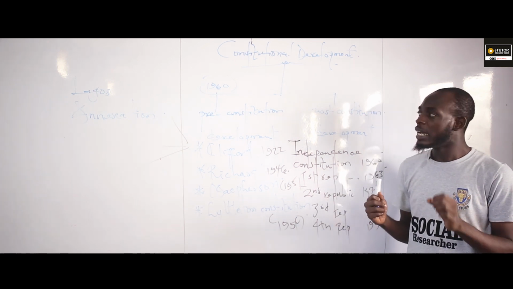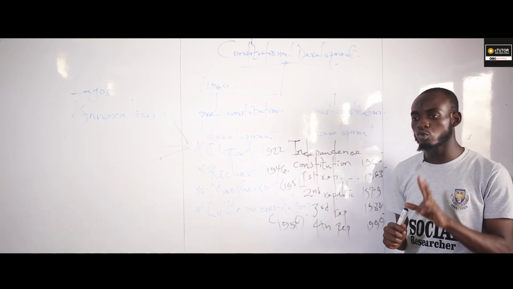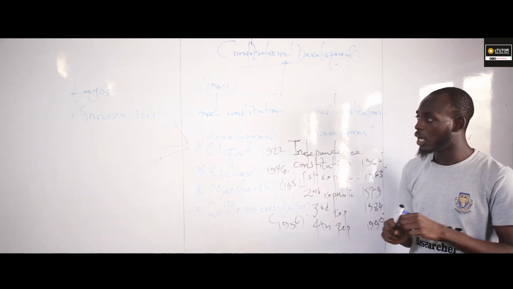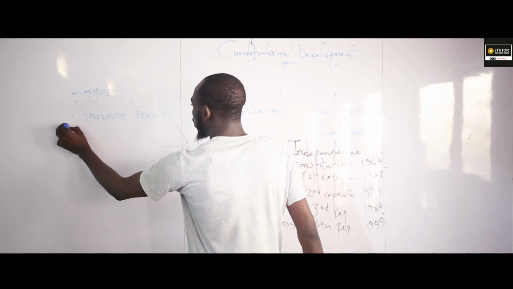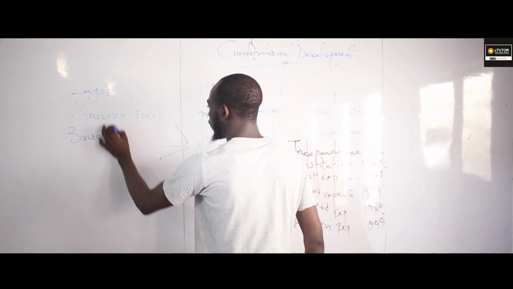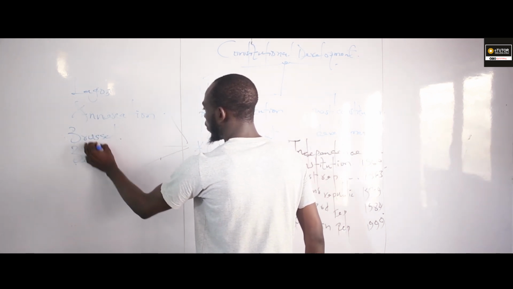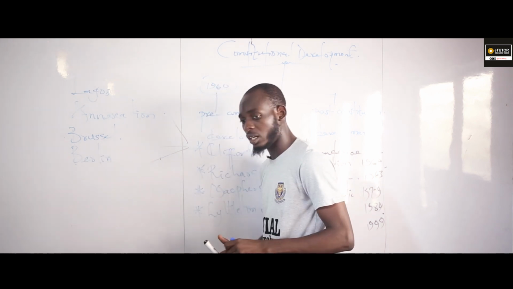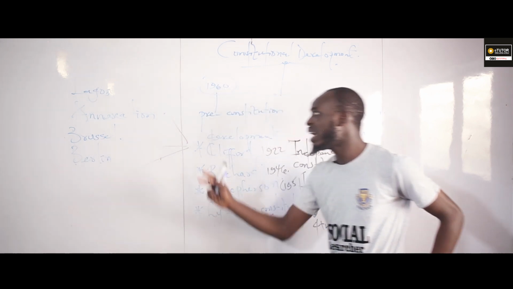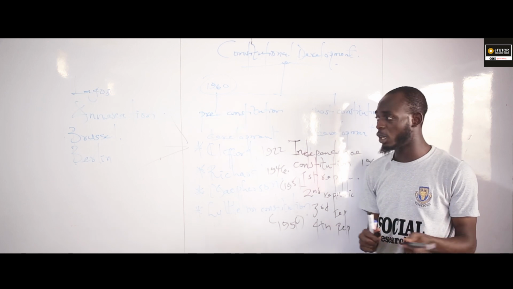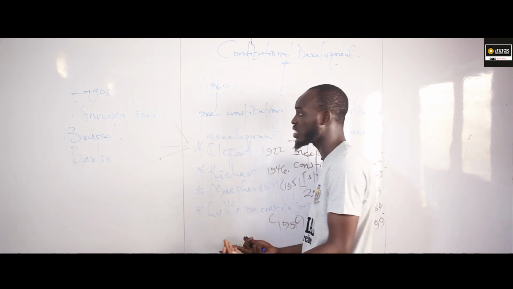Now, this is not traceable to a particular conference that was held. We call it the Brussels Conference and the Berlin Conference. These are the two major conferences that led to the colonization of Nigeria.